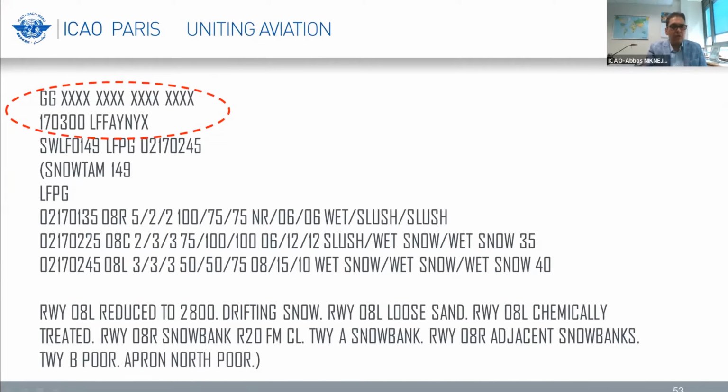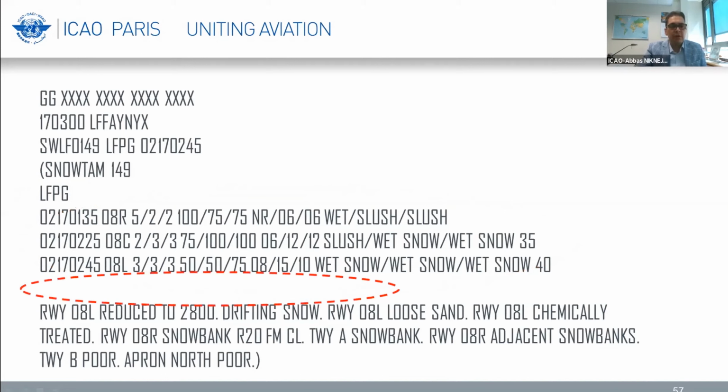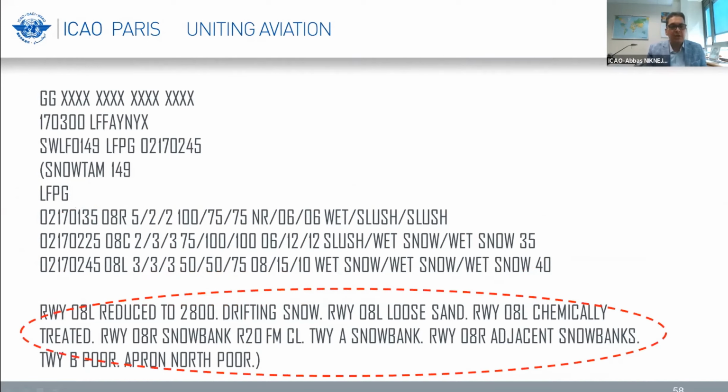This is general in all ATS messages, and from here a Snowtam message commences. This is the abbreviated heading and the Snowtam serial number as explained before. Item A, location indicator as explained before, and then you will go to the next line. You will put items B to H, and if repeated for different runways, they would go to next lines. Then you will leave one line empty and you will start the information of the situational awareness section.